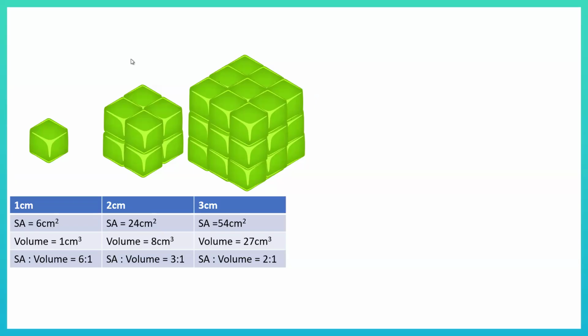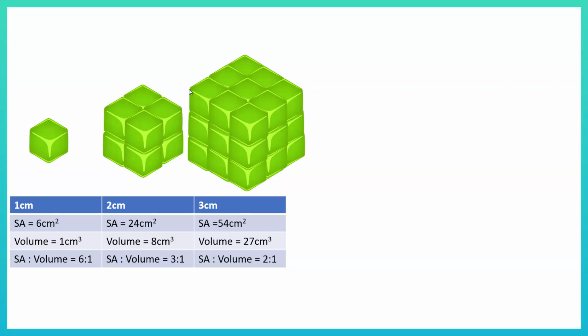Why is the volume a smaller number? Well, if you just follow the maths, it's 1 times 1 times 1, which is 1. And then if you do this one, it's 2 times 2, which is 4, times 2, which is 8.